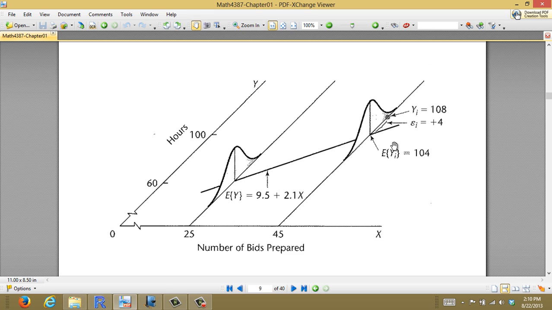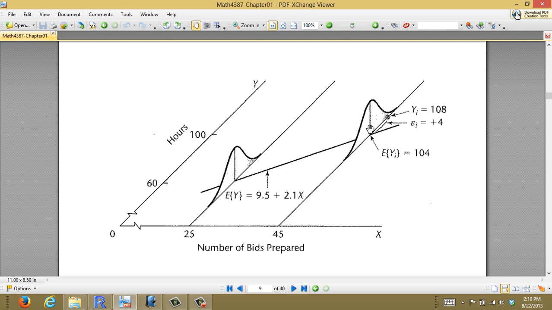So actually this probably is a better example right here. If we look at x equal to 45 and we plug it into our regression function 9.5 plus 2.1x, we get a value of 104. So this is the mean response when the number of bids prepared is 45.